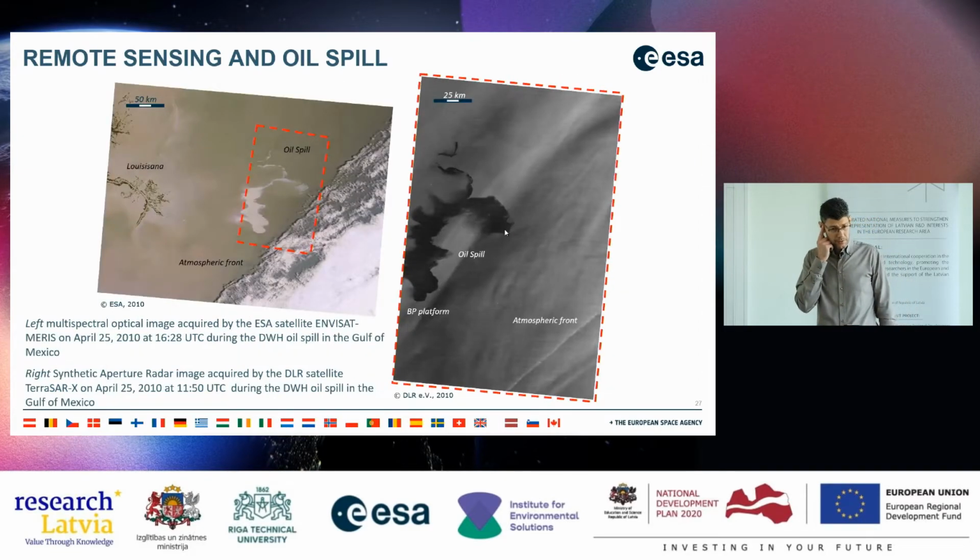Then another example, again comparing the optical with SAR. On the left-hand side, the image acquired by the Envisat MERIS multispectral sensor during the Deepwater Horizon oil spill in the Gulf of Mexico.